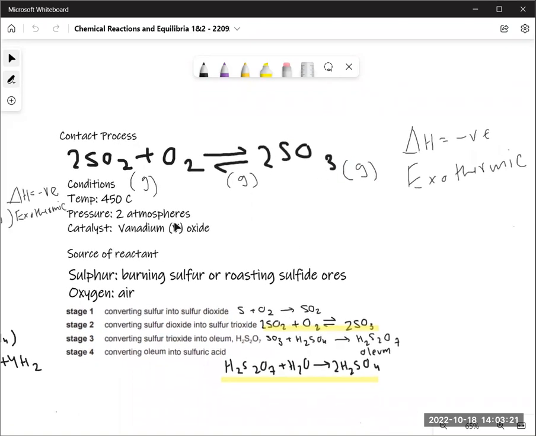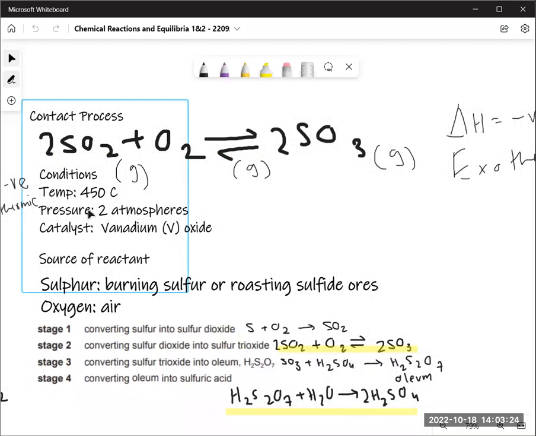Let's read the conditions for the contact process from here. Conditions: temperature 450 degrees Celsius, pressure 2 atmospheres, catalyst vanadium(V) oxide, source of reactants: sulfur, burning sulfur or roasting sulfide ores, oxygen, air.